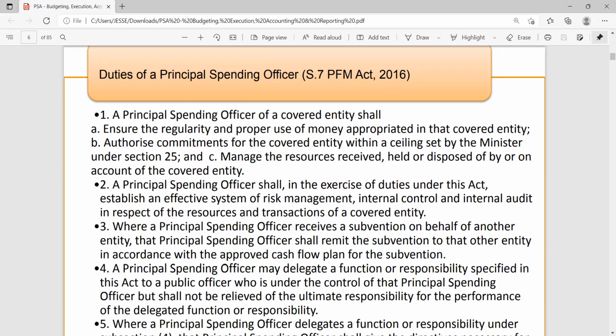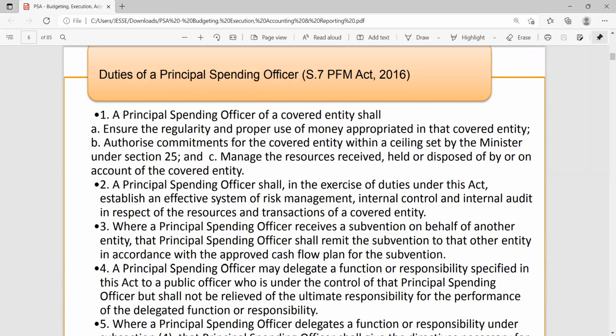So ensure the regularity and proper use of money appropriated in that covered entity, right? The name suggests what they do. He or she would ensure the proper use of money because they are a spending officer, right?